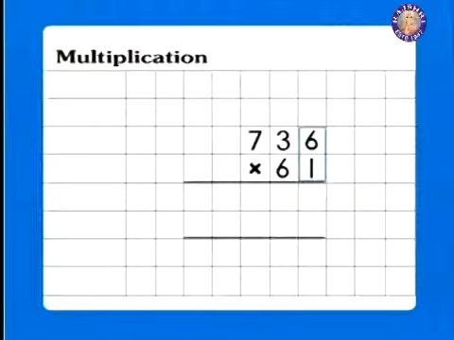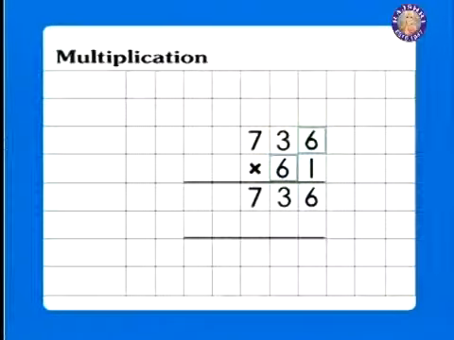Starting from the right, 1 times 6 is 6, which goes below the black line. It's the same with 1 times 3 and 1 times 7, which give 3 and 7 respectively. The next step is to multiply 736 with 6.